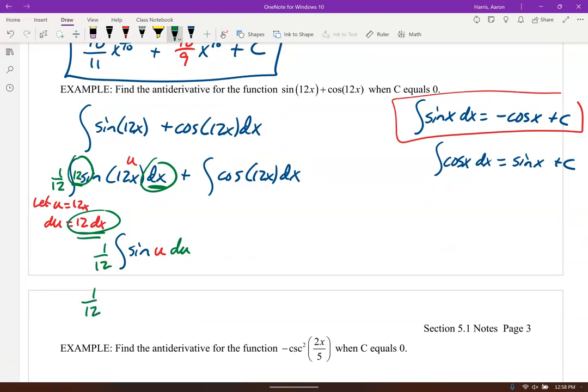I know the integral of the sine is negative cosine of the u. Now I am going to plug in the u though. I got to plug that u in at the end. So this will be negative 1/12 cosine. What's our u? 12x. Plus, now let's do the next one.